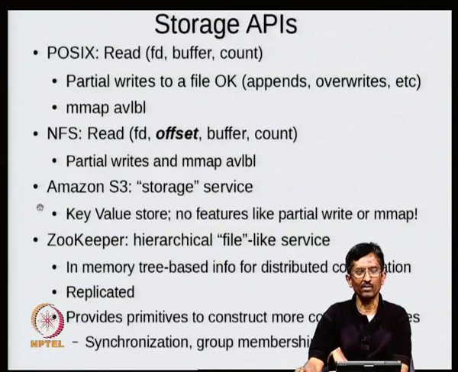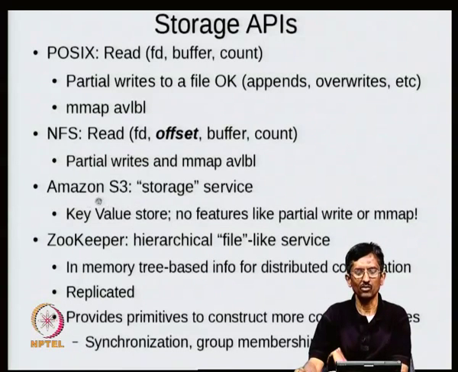If you look at Amazon S3, the problems that are here are because of what we discussed in the previous class, because of FLP or CAP. Basically, you can't have consistency, availability, and resilience to partitions at the same time.